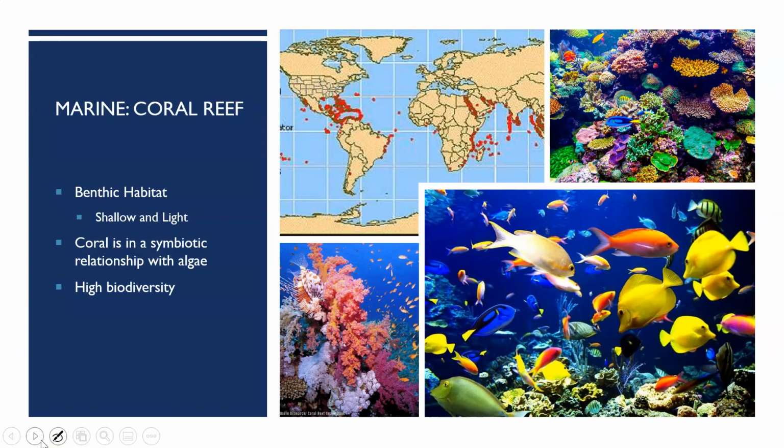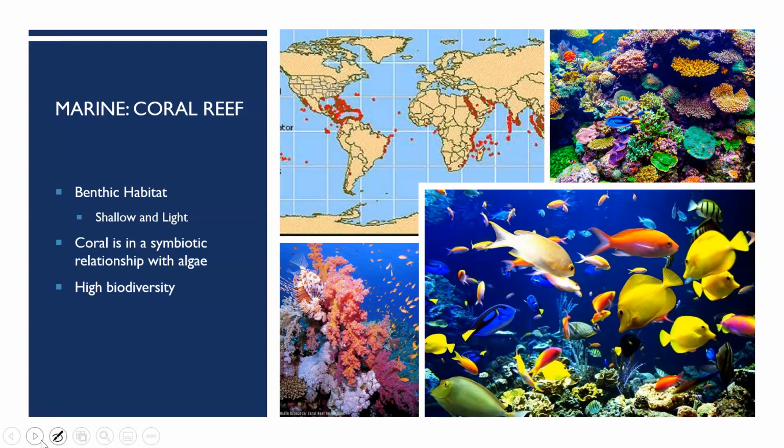The next and maybe most widely known marine habitat is the coral reef. The coral reef is found along the shore, closer to the shore, but it's a benthic habitat. It's found in shallow oceans, gets a lot of light, and has the highest biodiversity. If you look at these pictures, you see how many different species there are.